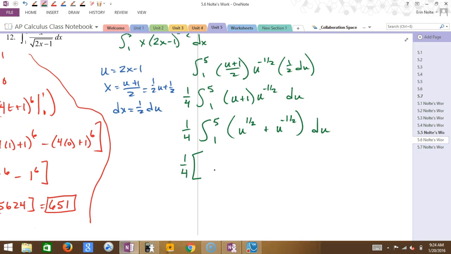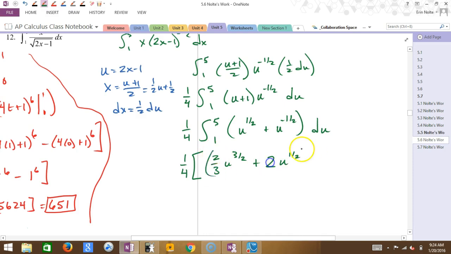So it'd be u to the 3/2 divided by 3/2, so 2/3 u to the 3/2, which is the same as what you just said. Okay, if I integrate u to the negative 1/2, that would be u to the 1/2 over 1/2. What happens if you divide by 1/2? 2u to the 1/2.